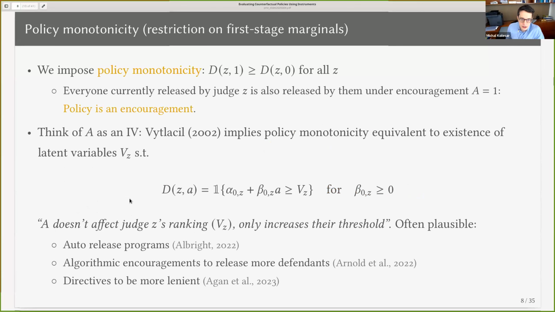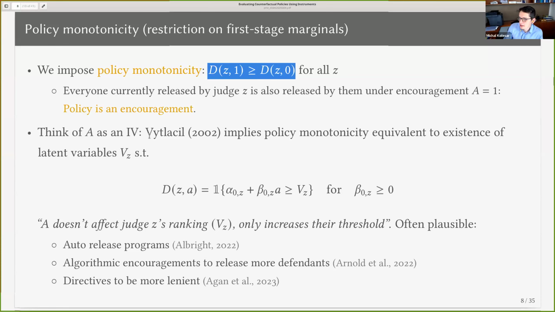So what we will make use of in most of our analysis is this policy monotonicity assumption, which is similar to an IV monotonicity in the following sense: it says that everybody who's released currently would also be released in the counterfactual. So if I think of the policy as some encouragement, if I think of the policy as this instrument, it's just that I don't observe variation in the instrument. But if I did, it would satisfy this monotonicity assumption.